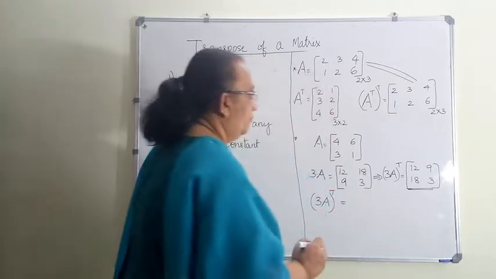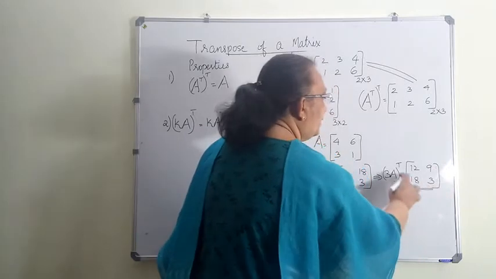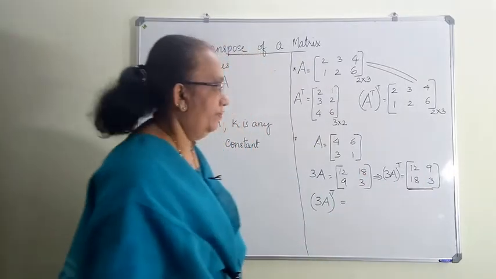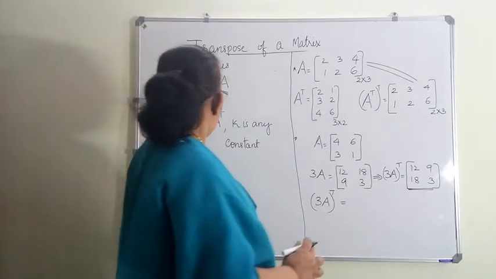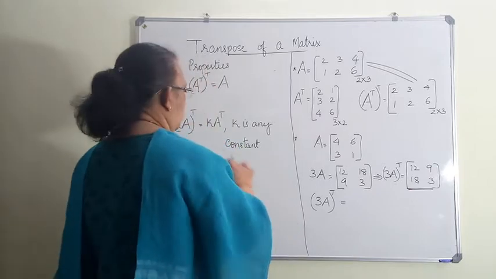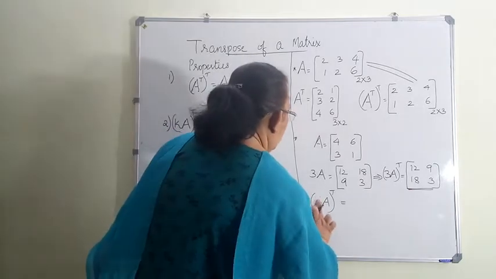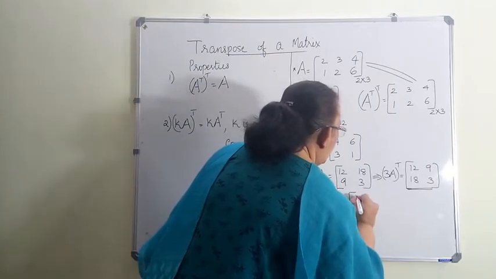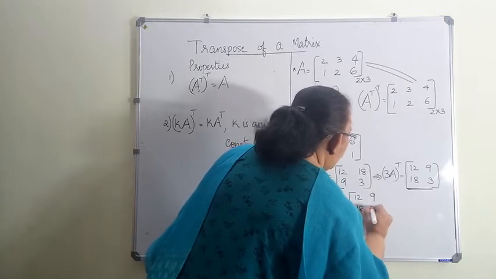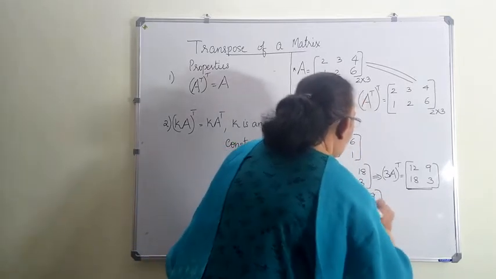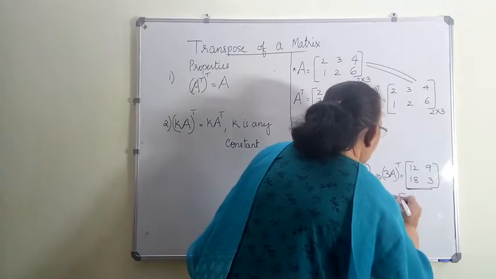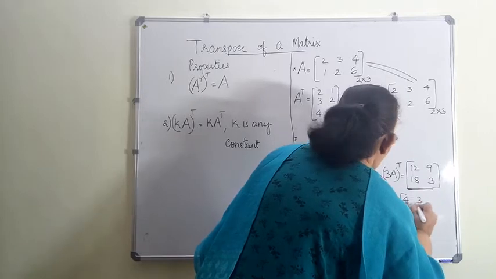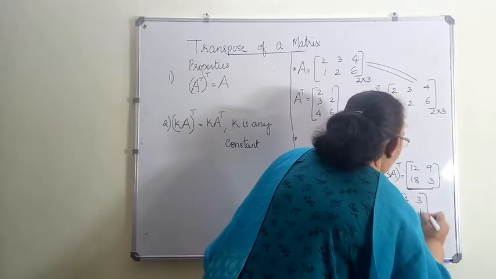is equal to, now from here you can see that all the elements have a common factor, isn't it? 3A the whole transpose. All the elements have the common factor: 12, 9, 18, 3. So I can write this as 3 is common, 3 into 3 4s are 12, 3 3s are 9, 3 6s are 18, 3 1s are 3.